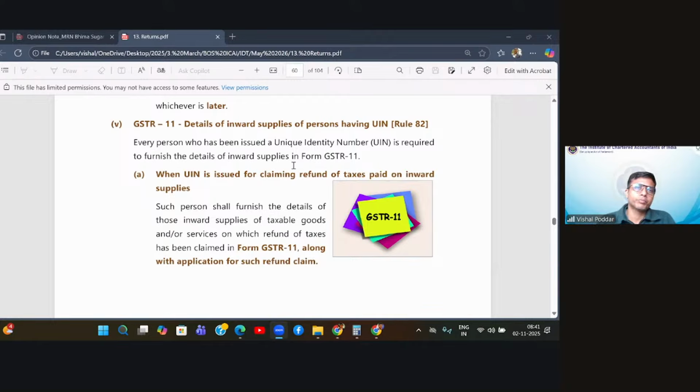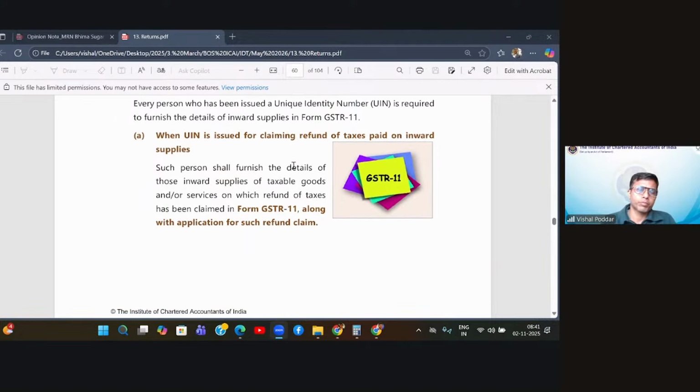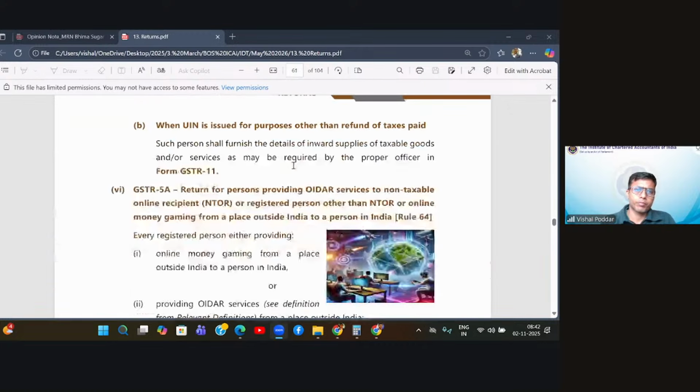When UIN is issued for claiming refund of taxes paid on inward supplies, such person shall furnish the details of those inward supplies of taxable goods and/or services on which refund of taxes has been claimed in Form GSTR 11, along with the application for such refund claim. When UIN is issued for a purpose other than refund of taxes paid, such person shall furnish the details of inward supplies of taxable goods and/or services as may be required by the proper officer in Form GSTR 11.